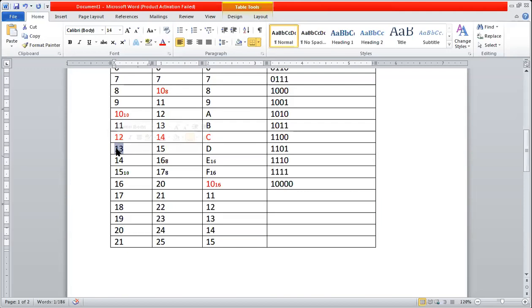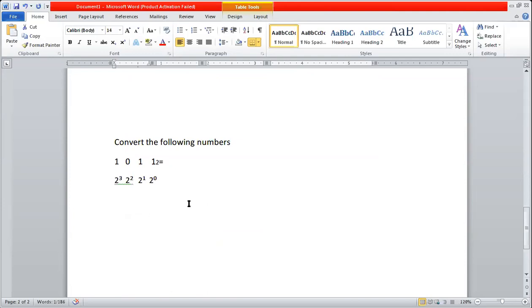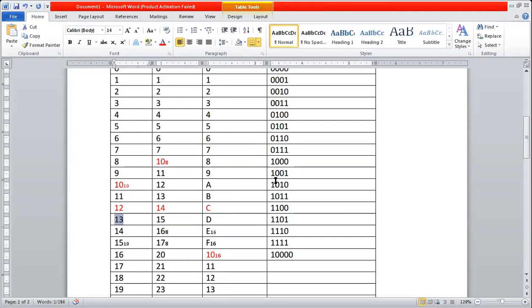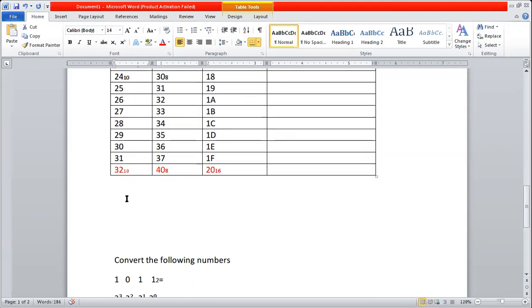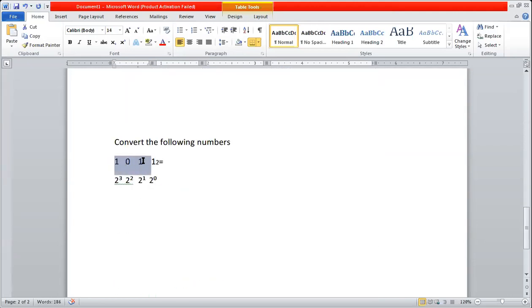Sorry, what have I taken here? 1011. 1011 is B in hexadecimal, 13 in octal number system, and 11 in decimal number system. So how can I convert this number into a decimal number? 11.